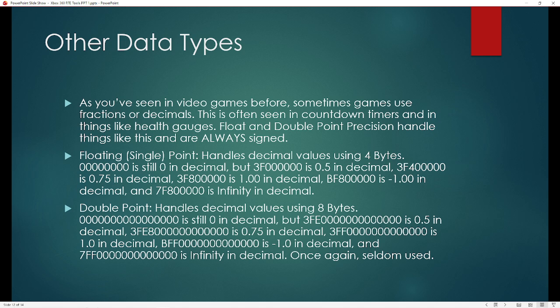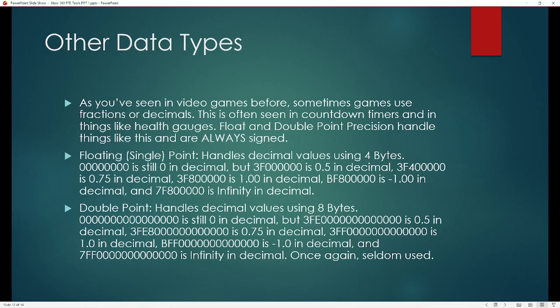All right. So as you've seen, in some games, sometimes games use fractions or decimals. This might be seen in the form of a countdown timer, which we didn't see here, but it's sometimes used. Or sometimes you see a health bar that shows a fraction of your health.